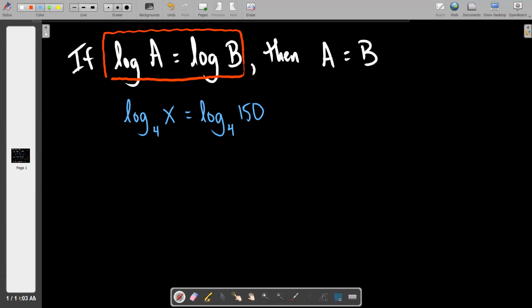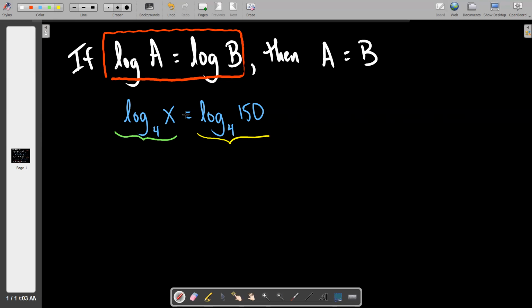If you understand logarithms, then you understand that this one I'm underlining in green is a power of 4. It's what power of 4 would equal x. And on the right side, this yellow one, again, is another power of 4. What power of 4 has to equal 150?